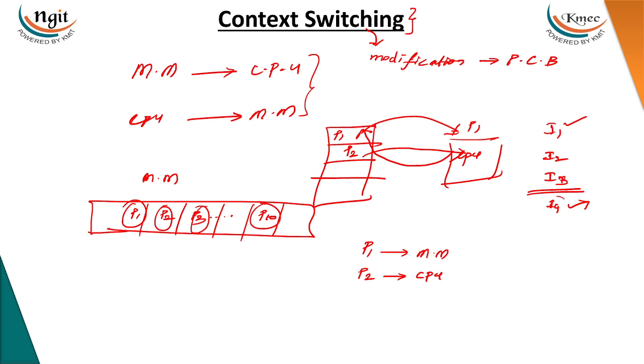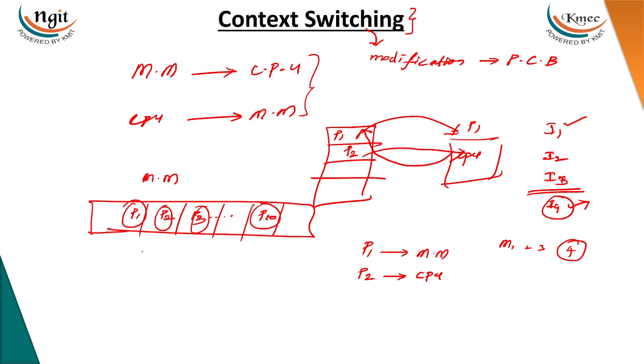The next instruction address has to be changed: for P1, I1, I2, I3 are done, so the next instruction to execute is I4. Then the next memory location: locations 1, 2, 3 are done, so the next is 4. And the local variables and global variables that have changed, all the changes have to be saved and loaded into main memory.